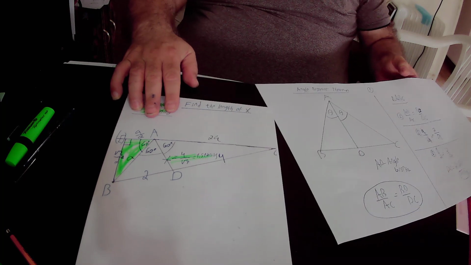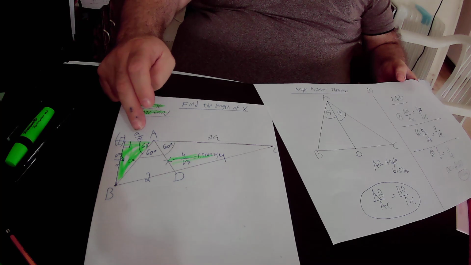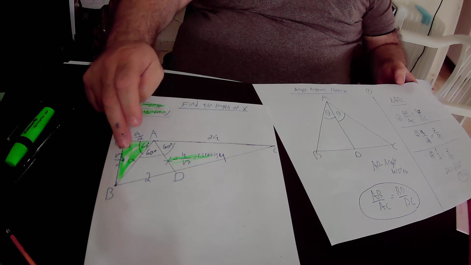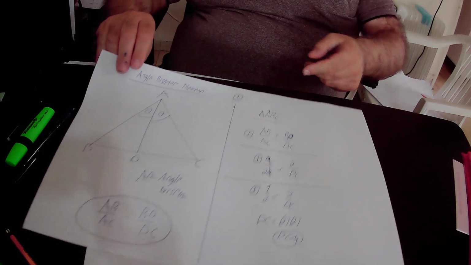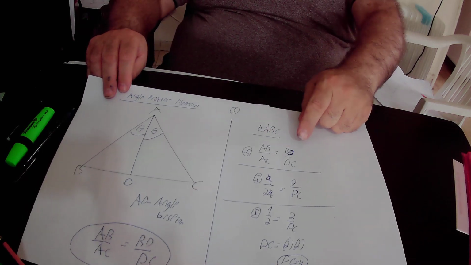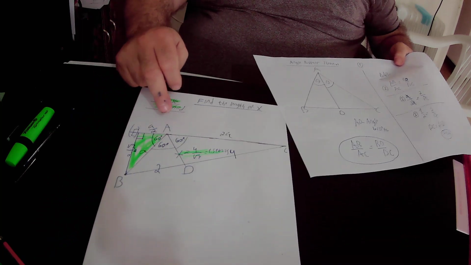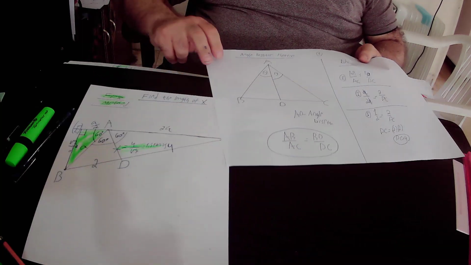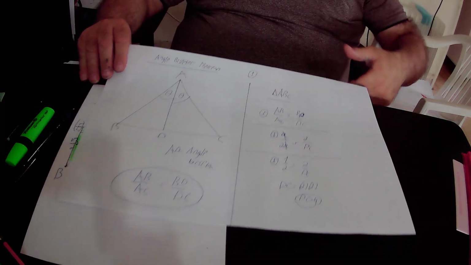So in this triangle ABC, AD is the angle bisector. Therefore, we get that AB over AC equals BD over DC. AB equals A units, AC equals 2A units.